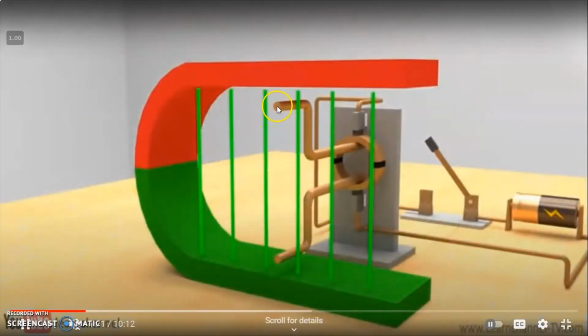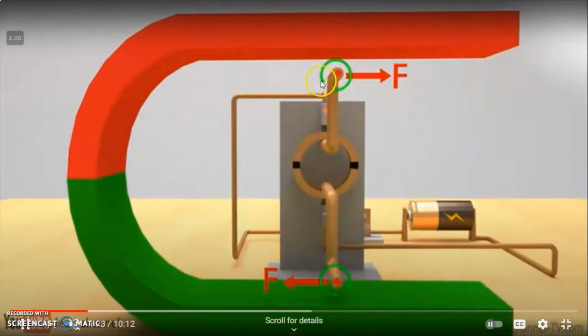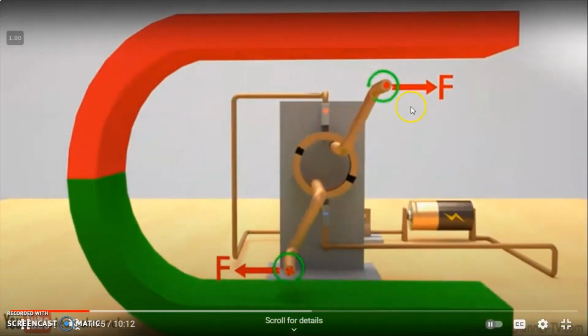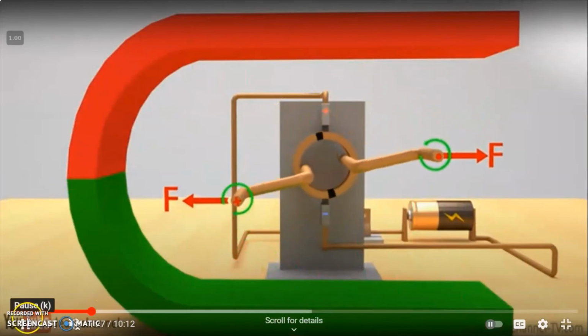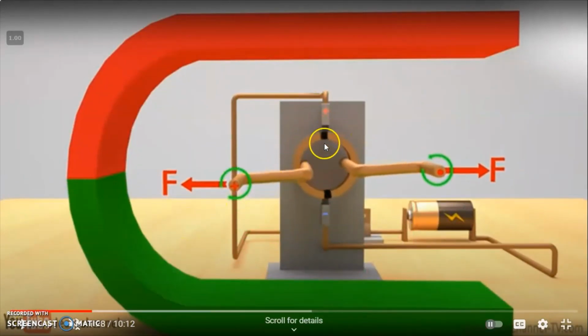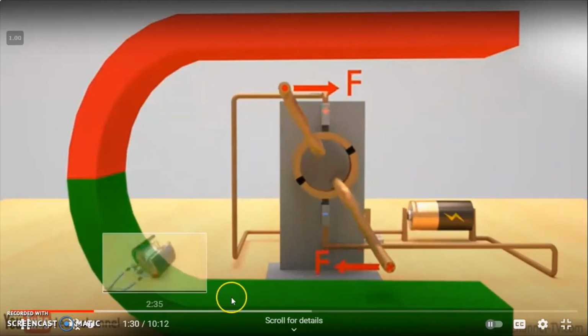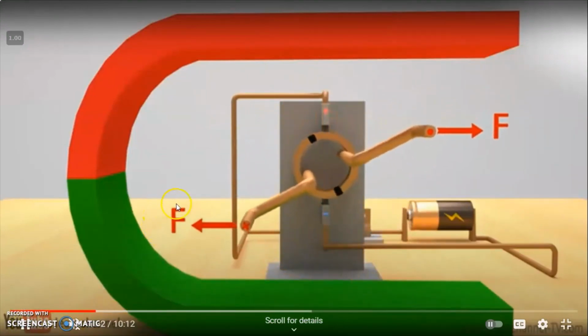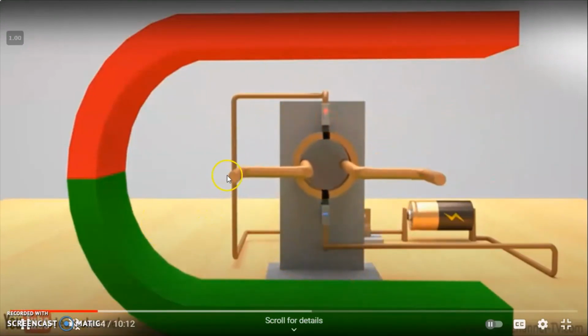So this current carrying wire is going to move halfway, and when it gets down here, it switches the current over, and now this is being pulled this way. It switches, and now it's getting pulled over to this side, and it switches.